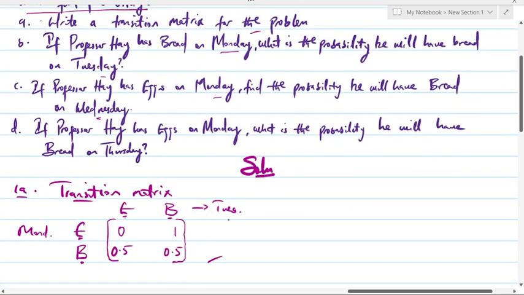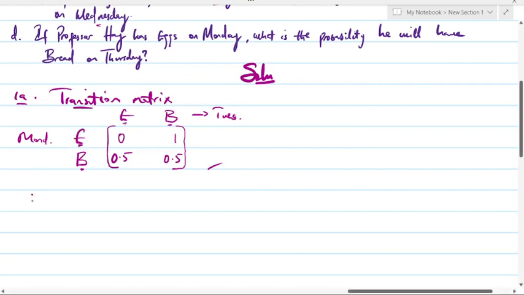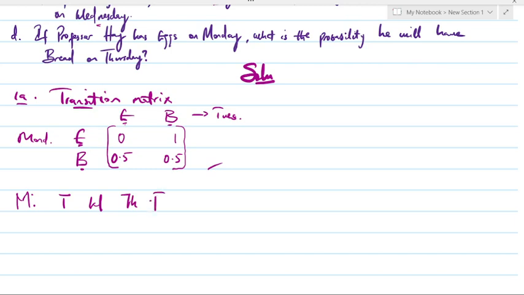Alright, the next question is, if Professor A has bread on Monday, what is the probability we have bread on Tuesday? First of all, write out the process of this particular problem. We have Monday, Tuesday, Wednesday, Thursday, Friday, Saturday, and Sunday.